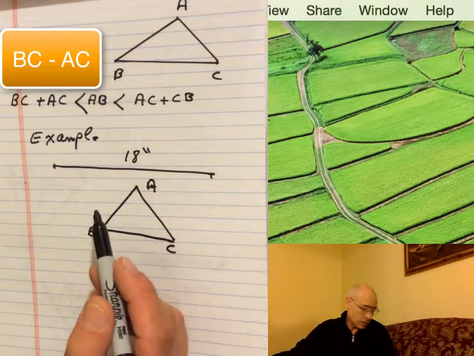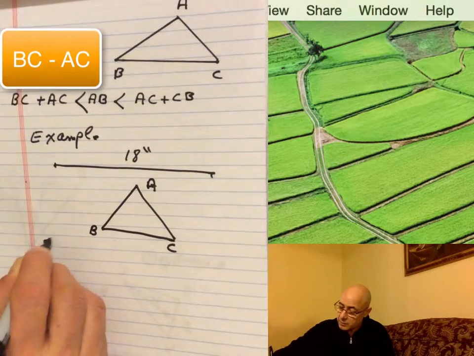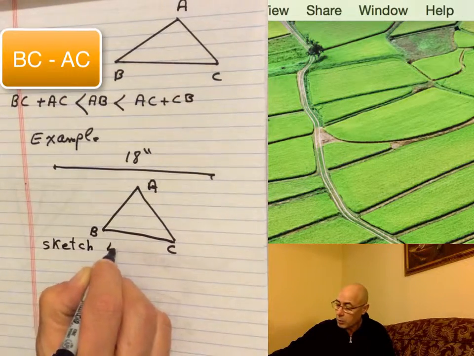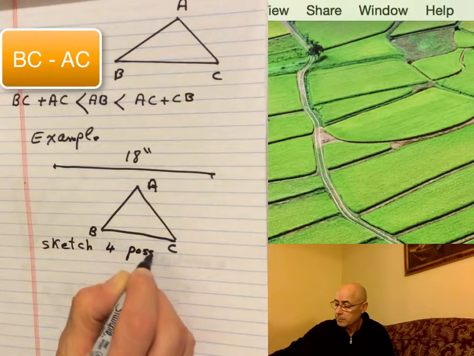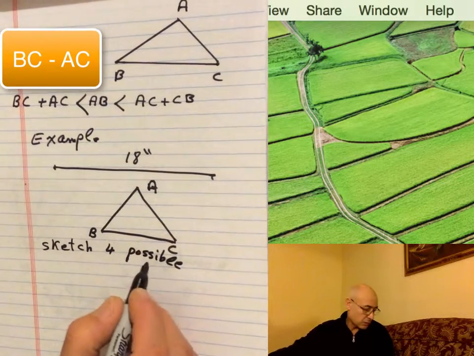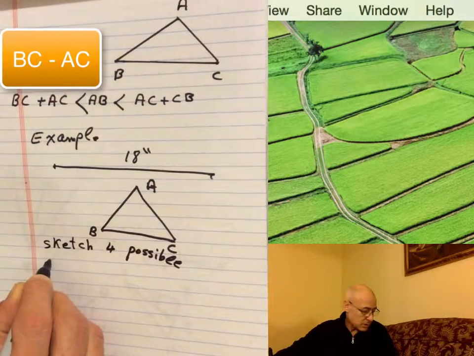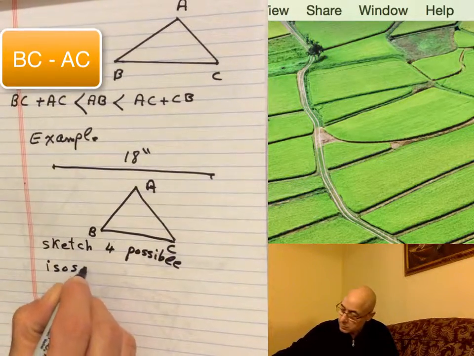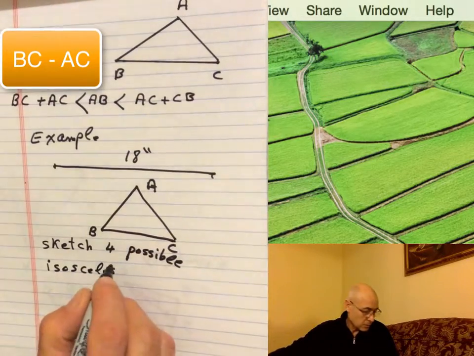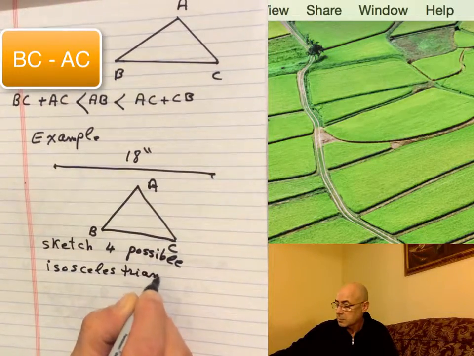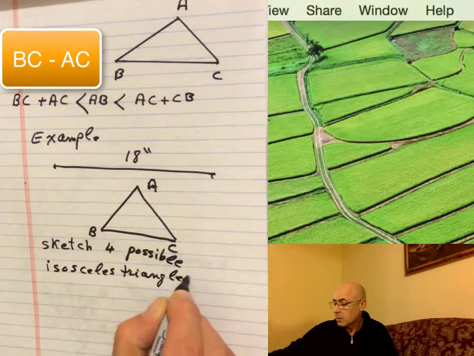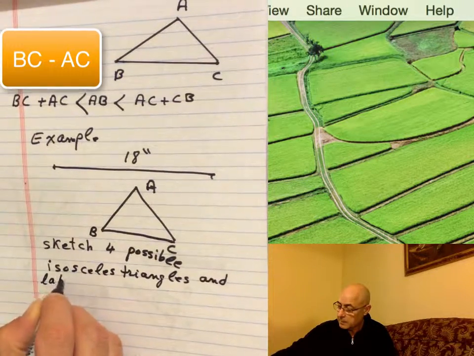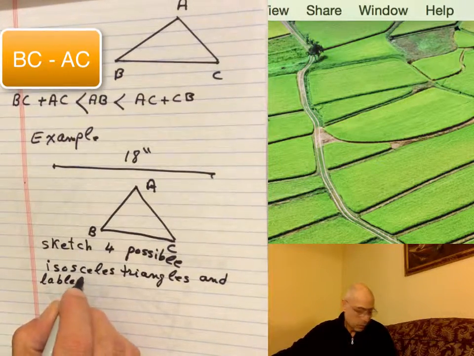But let's see what the question is. The question is to sketch four possible isosceles triangles and label each side length.